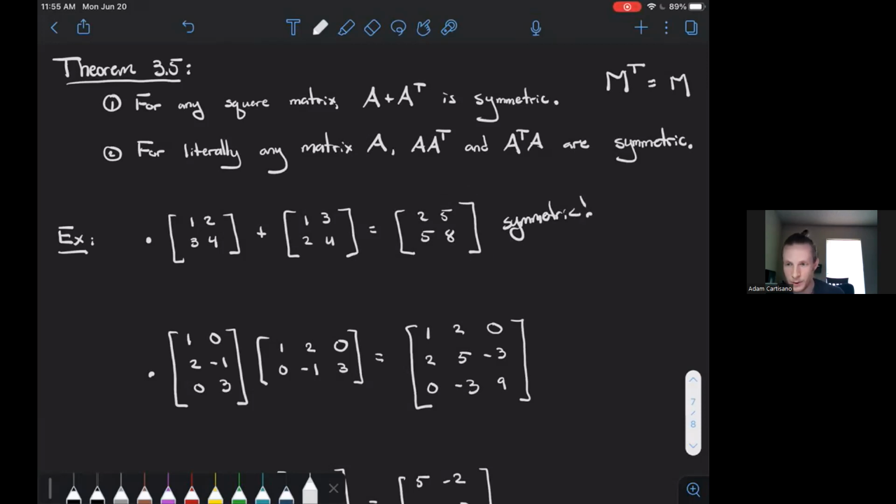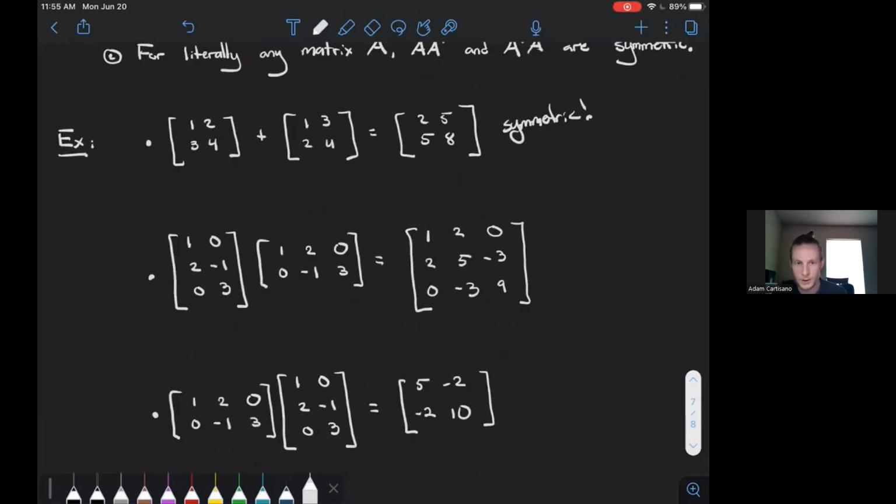Look at number 2 for this theorem. For literally any matrix that you want, if you take the product of it and its own transpose in either order, you'll get a symmetric matrix. So here I've got a 3 by 2 matrix and a 2 by 3 matrix, kind of like what we were looking at before. I'll spare you the details of actually working out the product.